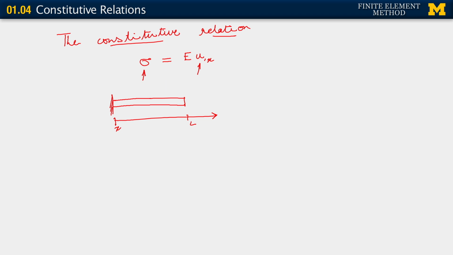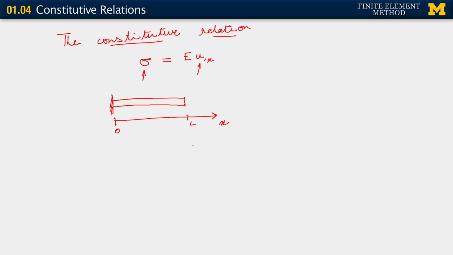Sorry, it's not x here, it's 0. That is x. We're saying we know something more about the domain of this bar over the domain 0 to L by specifying this particular relation. Now, we're trying to set this problem up using elasticity as a canonical physical phenomenon.